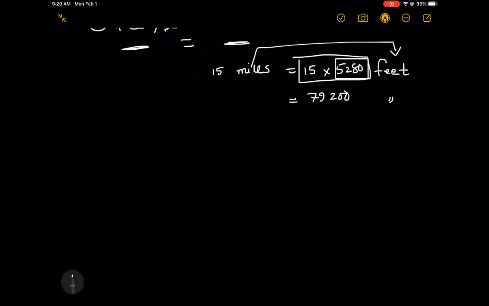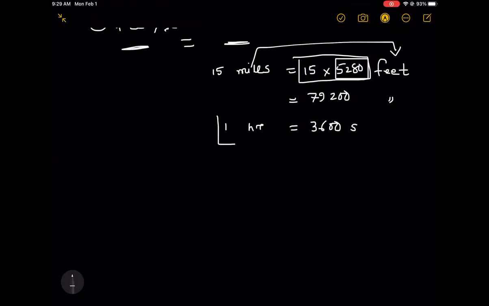That's the easiest, right? 1 hour equals 3600 seconds. If you don't know that, you can note it down. You don't have that in the box, but that's a pretty obvious one. Anyway, we have converted everything from miles per hour to feet per second.